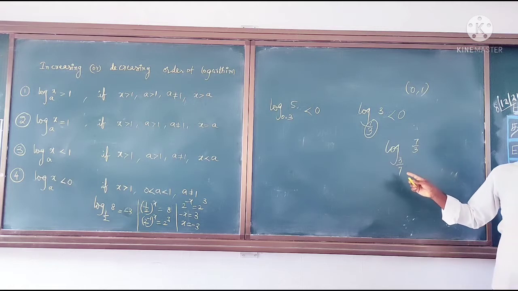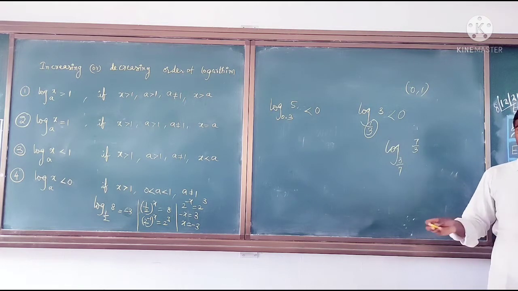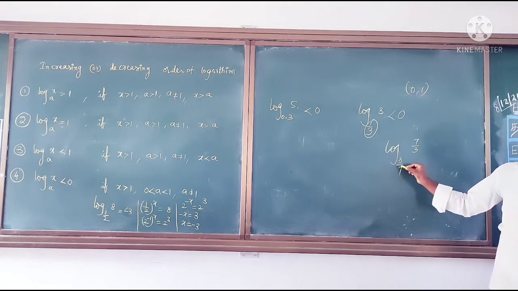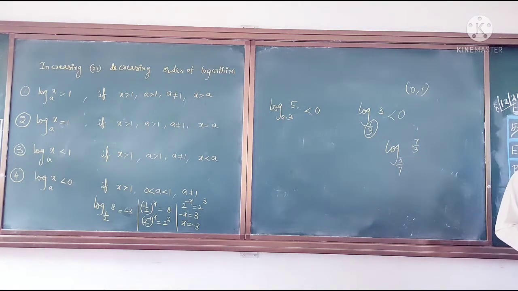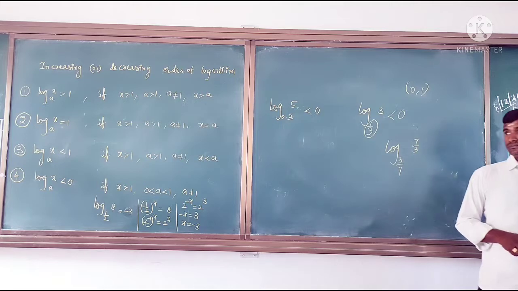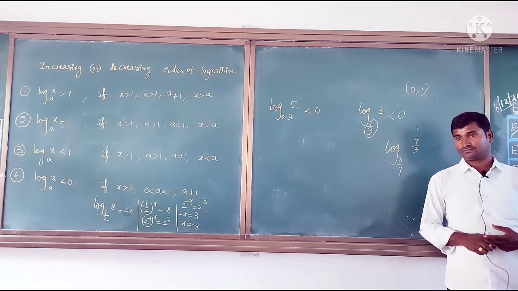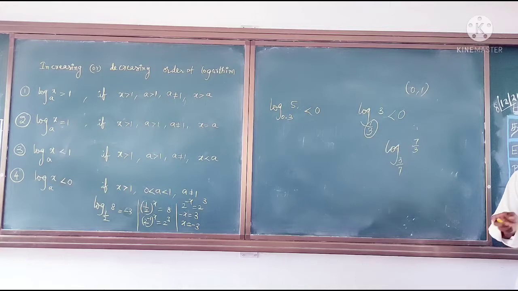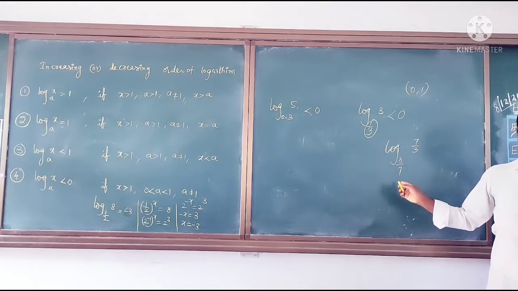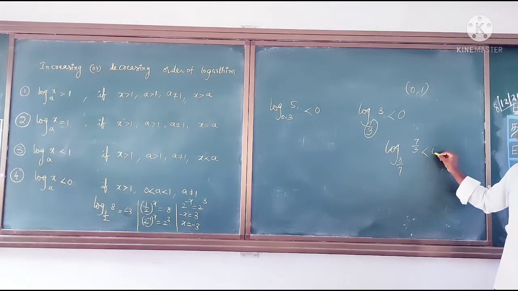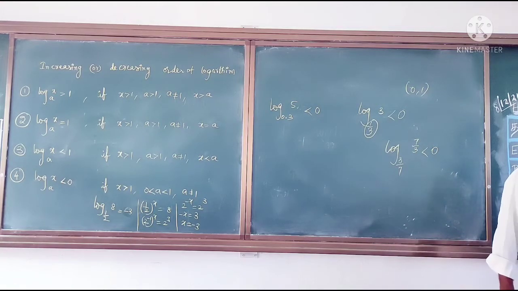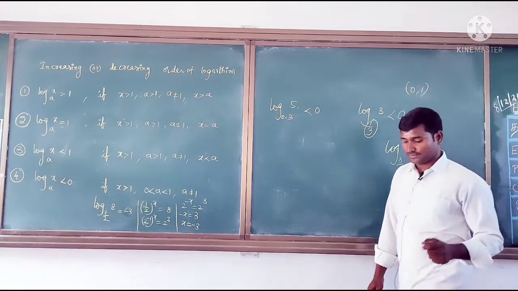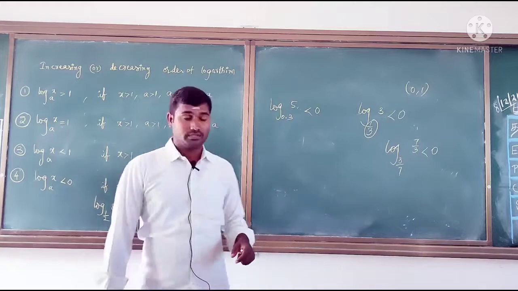A proper fraction value always lies between 0 and 1. So 3 by 7 lies between 0 and 1, so the base value lies between 0 and 1. This value is less than 0. Yes, sir. Next.